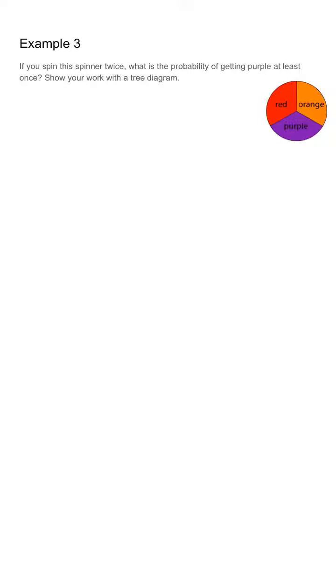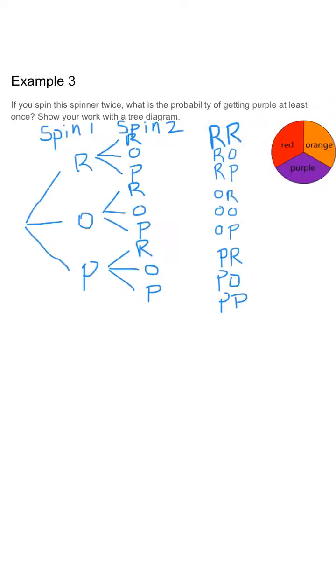Okay, last example. If you spin the spinner twice, what's the probability of getting purple at least once? All right, so for your tree diagram, the first split would be for spin 1, the second split would be for spin 2, with red, orange, and purple as the options for all of them.